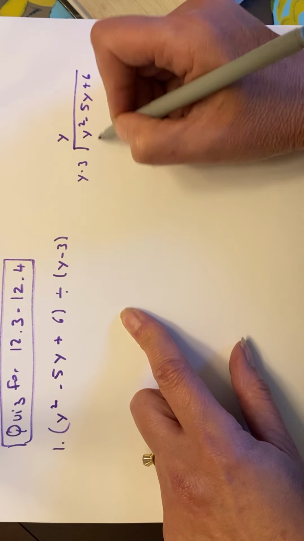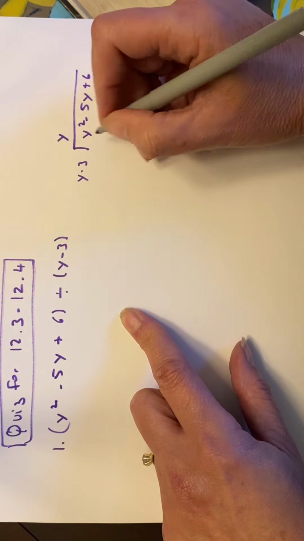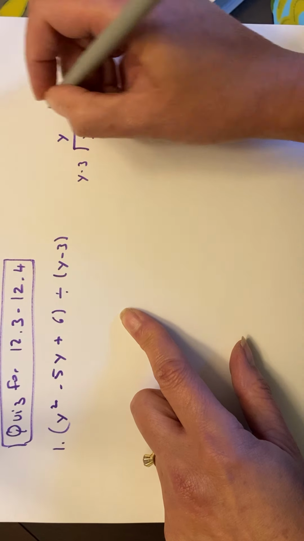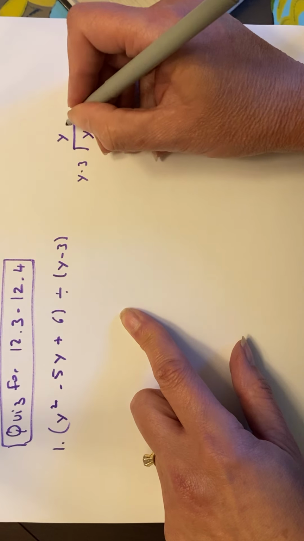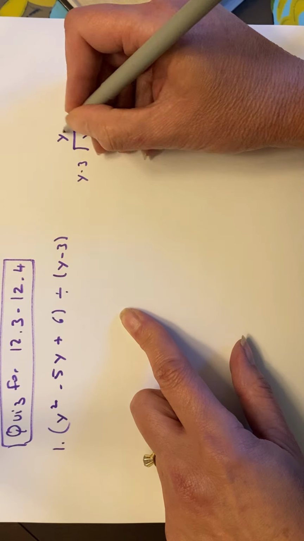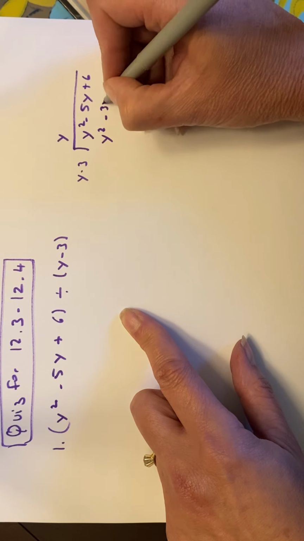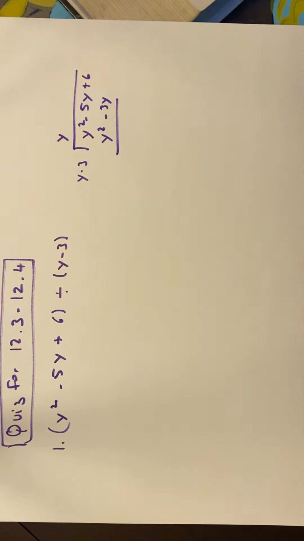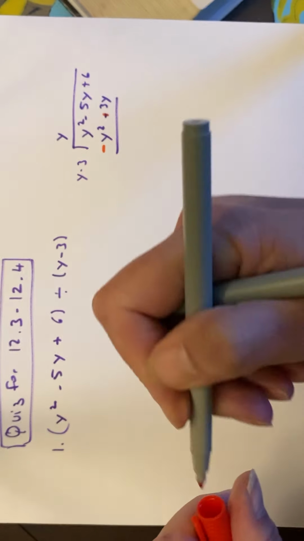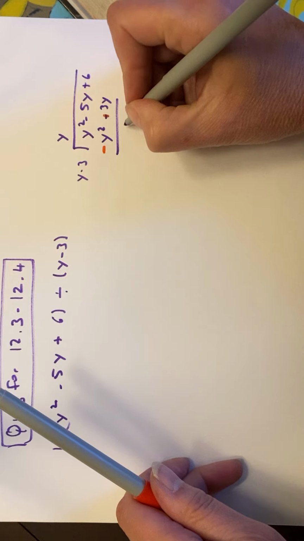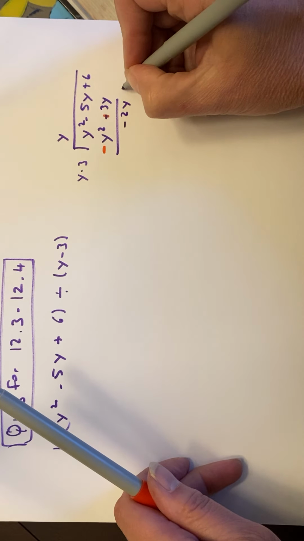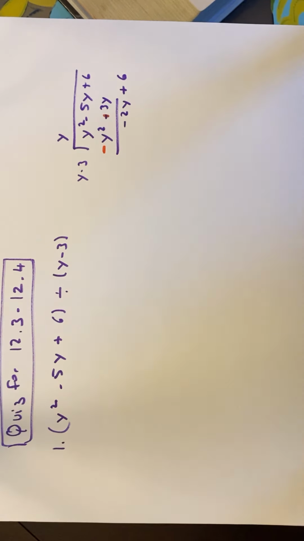It goes y times, and we multiply y by y minus 3. So y times y is y squared, y times negative 3 is negative 3y. In subtracting, I change my signs, so I end up with negative 2y as my remainder, and I carry down the 6.